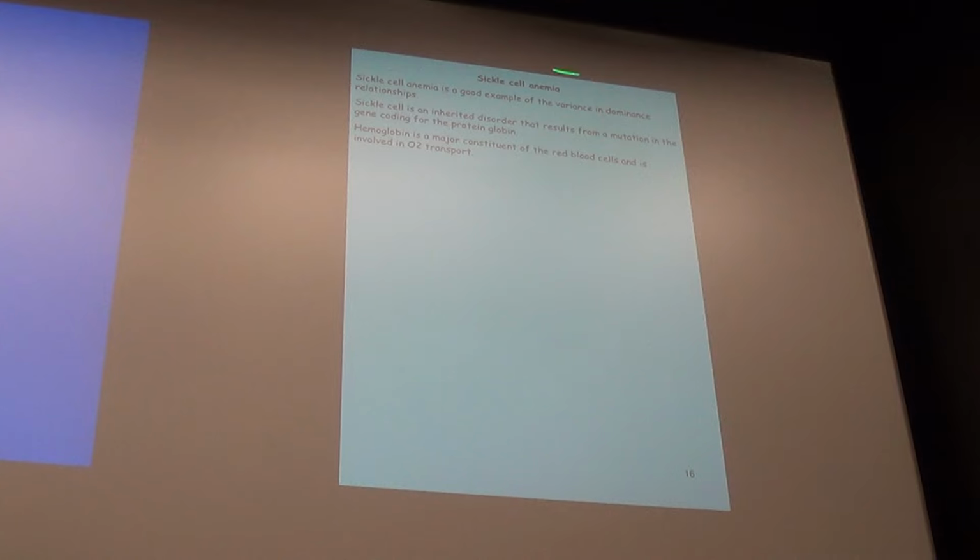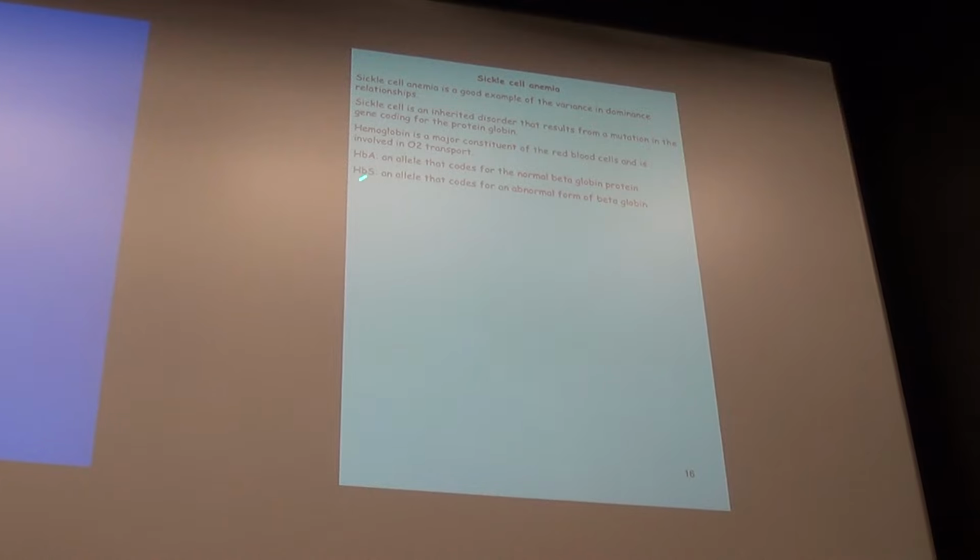Okay, so hemoglobin is the constituent of the red blood cells that carries oxygen. It's a heterotetramer: two molecules of alpha globin, two molecules of beta globin. A single point mutation in the beta globin gene results in this phenotype. So HBA is the wild type allele, and you get a normal beta globin protein being made.